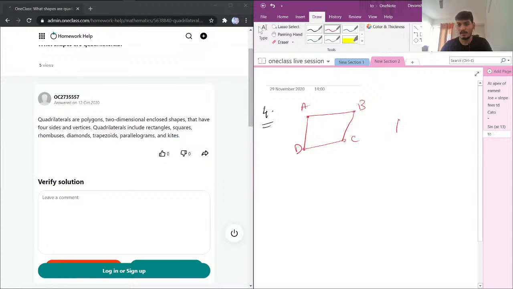Now a square is also a quadrilateral because a square, this doesn't look like a square. Yeah, so for a square we have four sides and they should be equal and parallel.